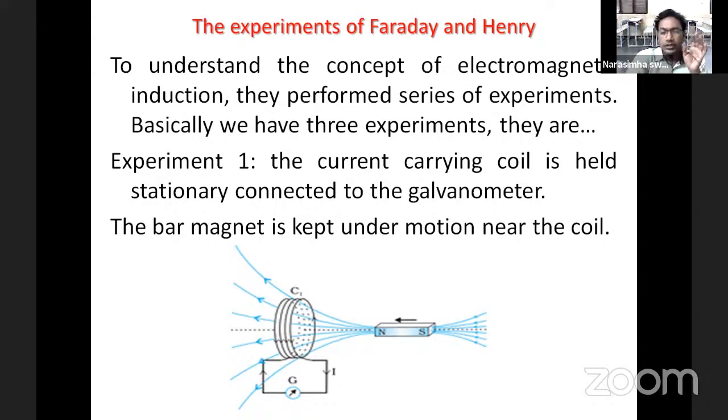Then what happens? Moving towards the coil means the number of lines of force coming out from this north pole, which means the magnetic field or magnetic flux, is changing. When the magnet is very far, the number of lines of force passing through the coil will be very small.